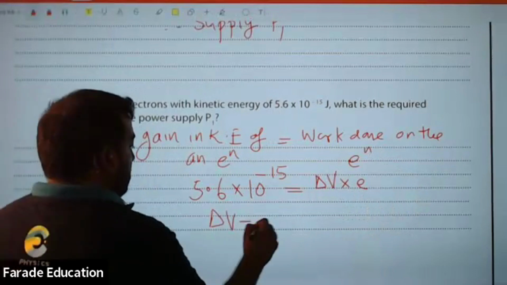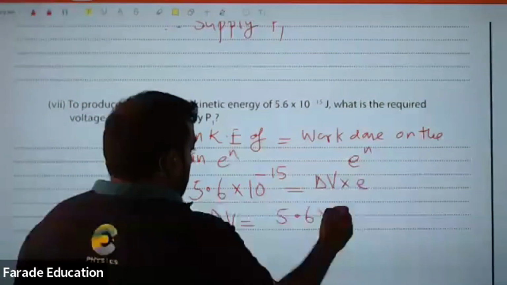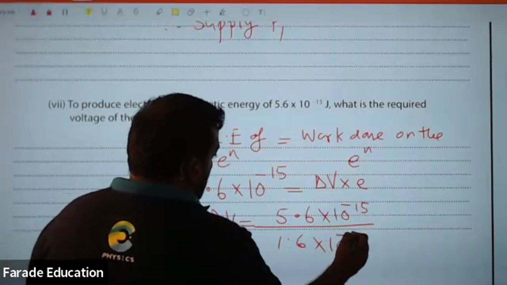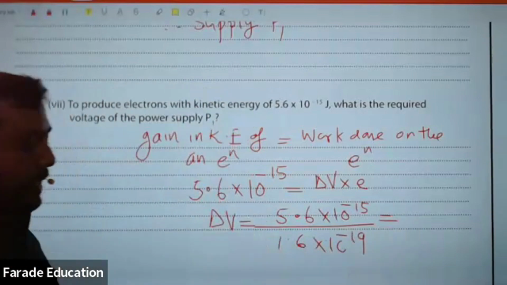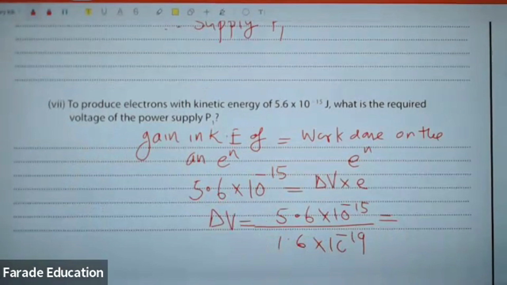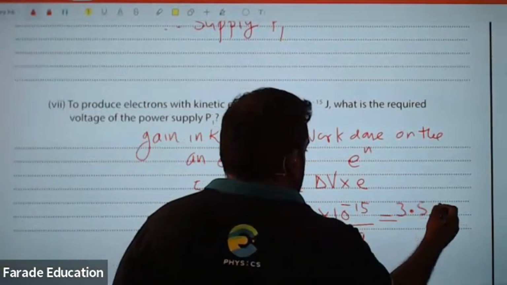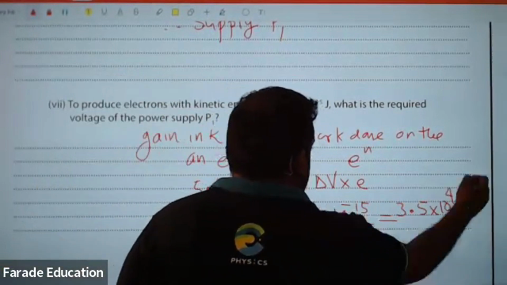So potential difference is 5.6 × 10^-15 divided by 1.6 × 10^-19, which gives 3.5 × 10^4 volts.